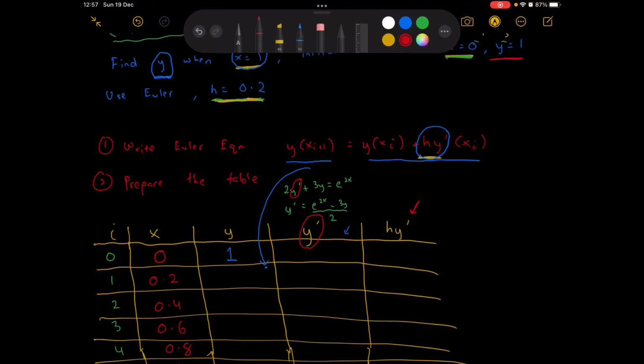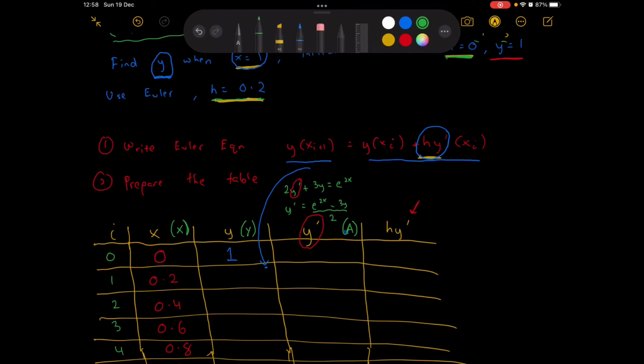Alright, next step is we need to put all the values that we know in the calculator. To make your life simple, in your calculator we'll use x as the x value, y as the term y, and y prime I'll change to a. hy prime you can multiply straight away.